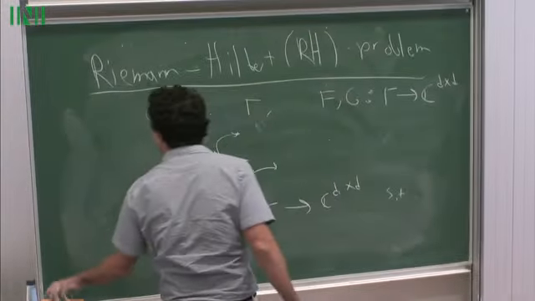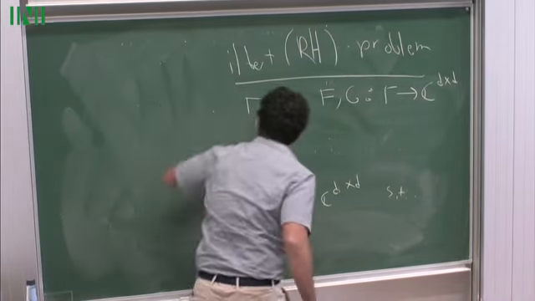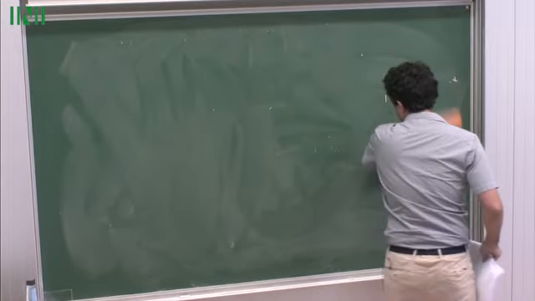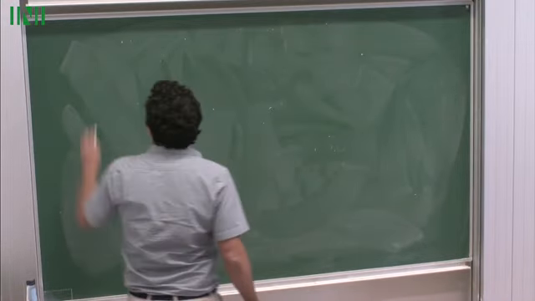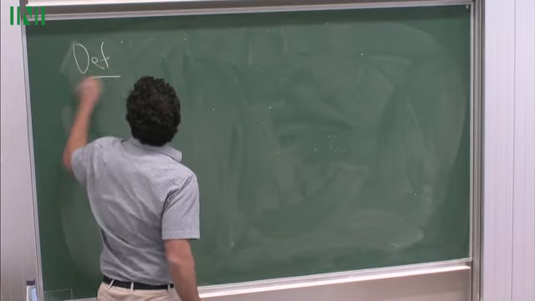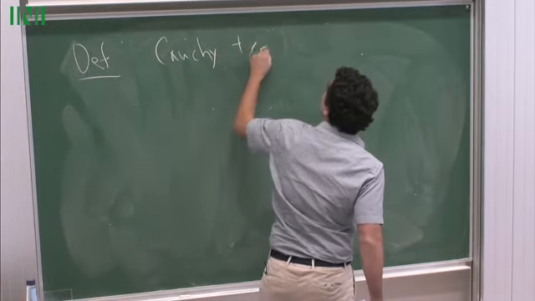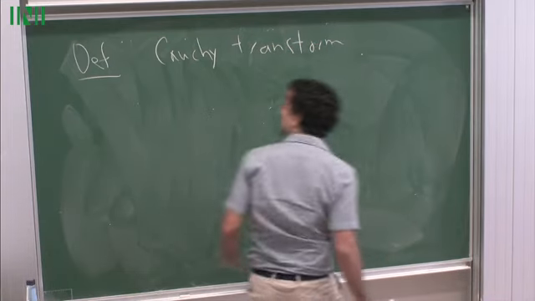So the starting point is Cauchy transforms and Plemelj. The definition of the Cauchy transform over contour gamma is just the usual thing.